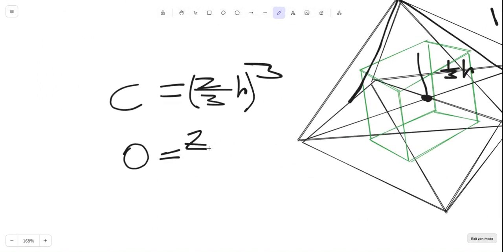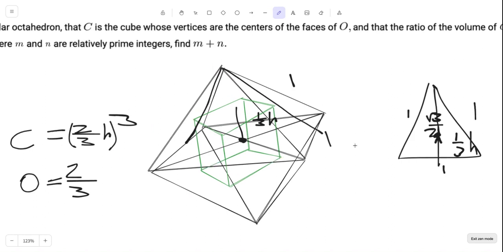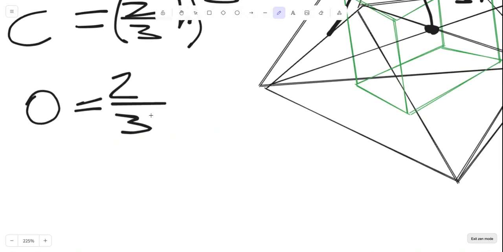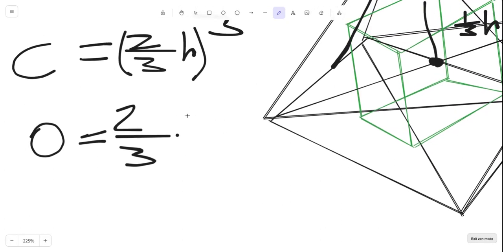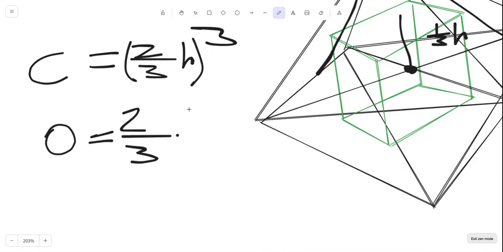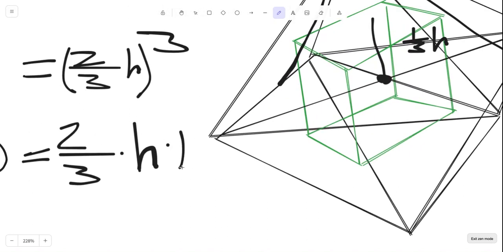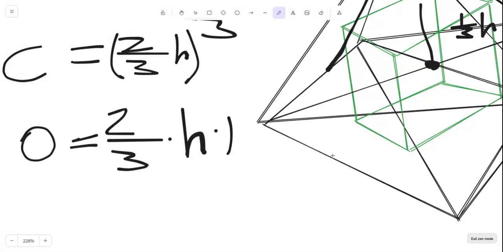I'm just multiplying 2 by 1/3 because the volume of each pyramid will be 1/3 times the base times the height, and we have the height over here. I'm going to multiply the height first. Now the base area, it's just a square with side length 1, so it's 1.